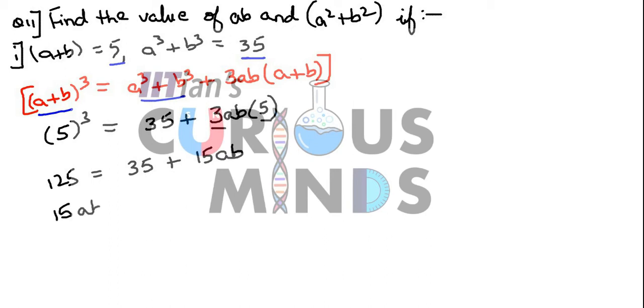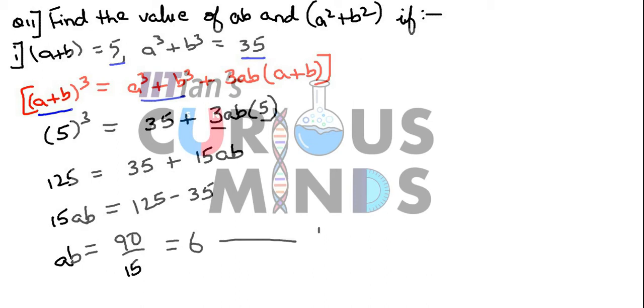Therefore 15AB is equal to 125 minus 35. Therefore AB is equal to 90 upon 15, which is equal to 6, my equation number 1.